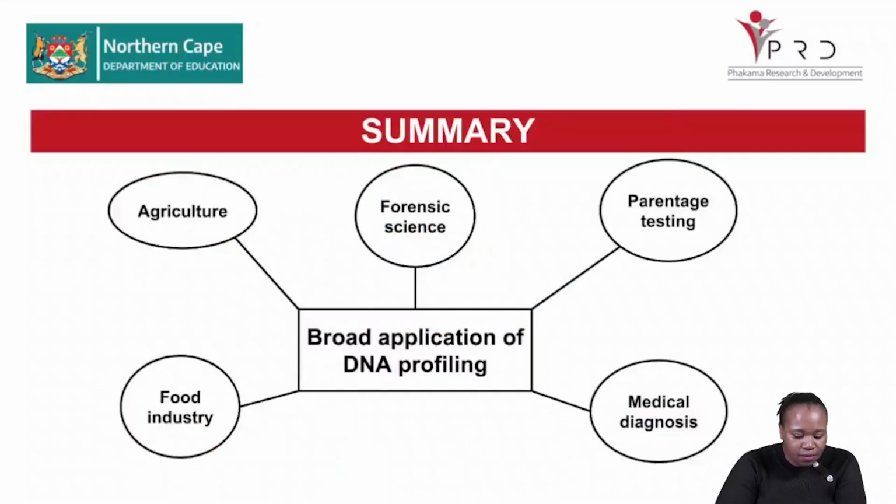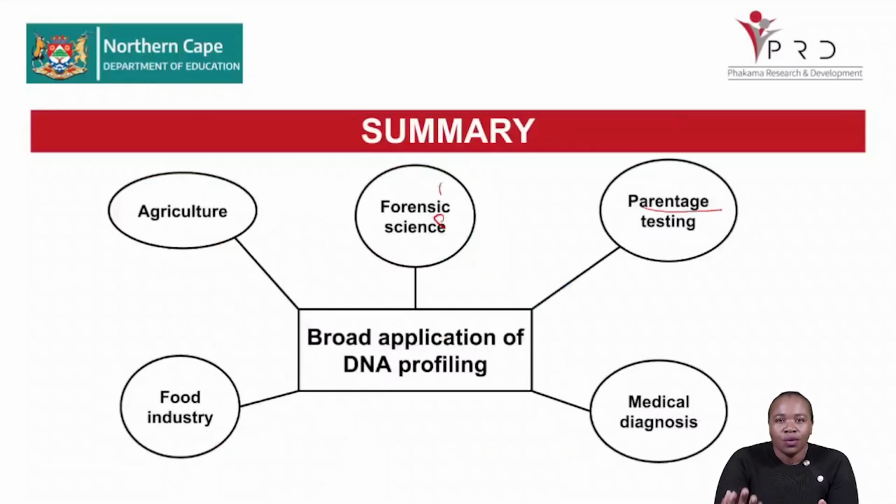And then here, mainly, what is the use of this? Parentage testing, paternity testing, medical diagnosis, diagnosing genetic disorders, and trying to find the cures for those. It can also be used in agriculture and the food industry, and mainly in forensic science, as we have discussed, identifying of criminals, right?